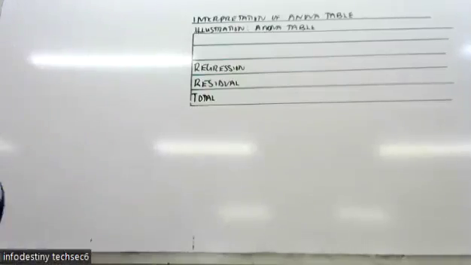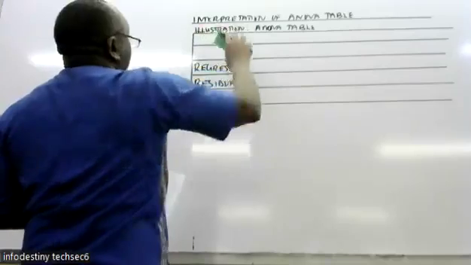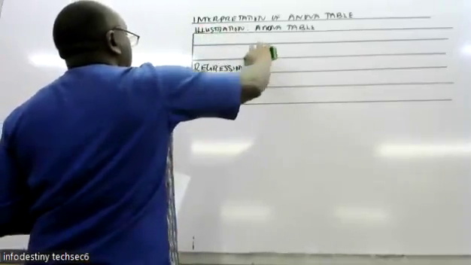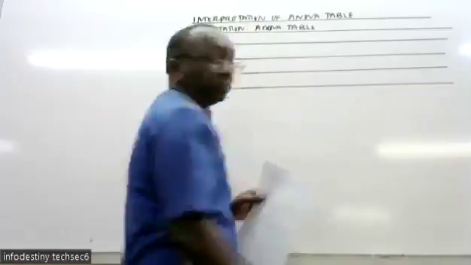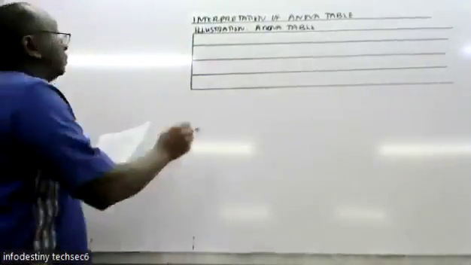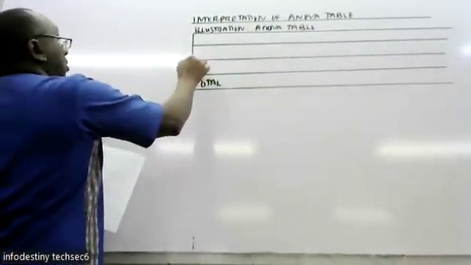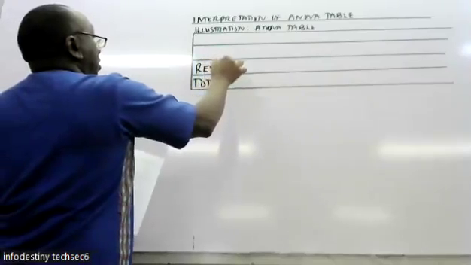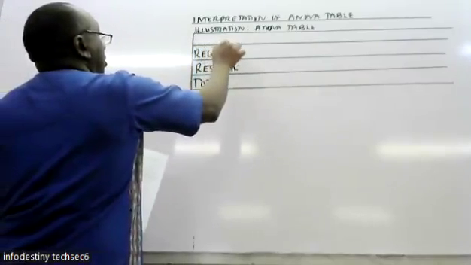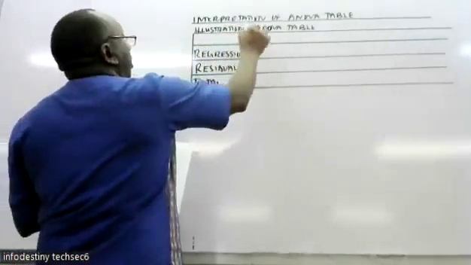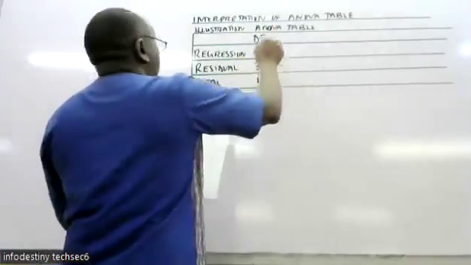So I needed only 4. This one is not there. Total. I need residual. I need regression. I need DF here: 1, 3, 4.